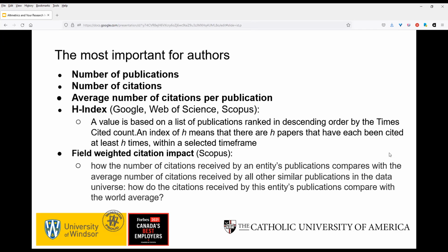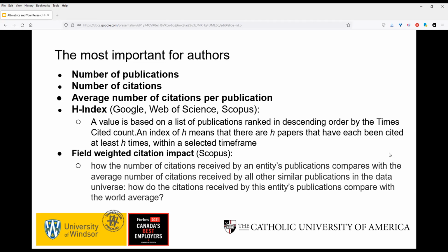If I publish in economics, they're going to look at the set of titles that most economics researchers also publish in, and compare my performance with everybody else across the globe, how many they typically perform. So what you get with a field weighted citation impact number is an assessment within the discipline from all other similar peer researchers across the globe. It's a very powerful number.